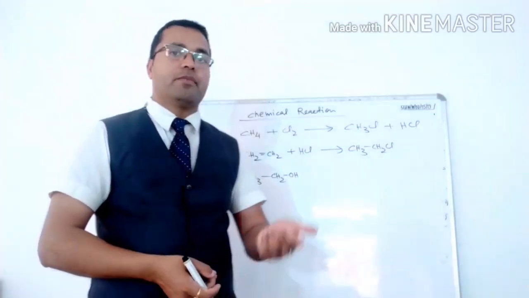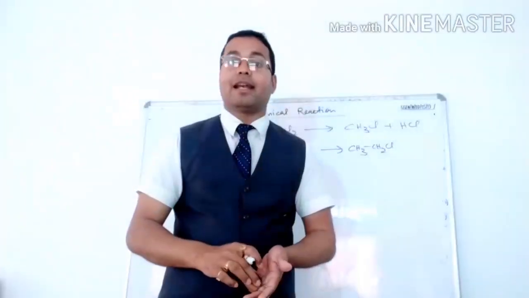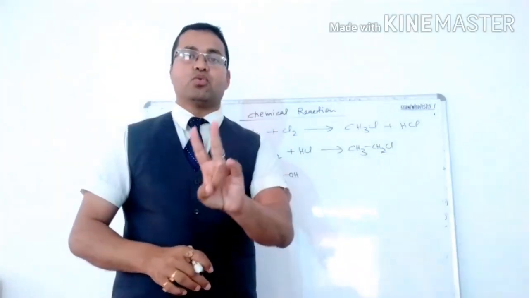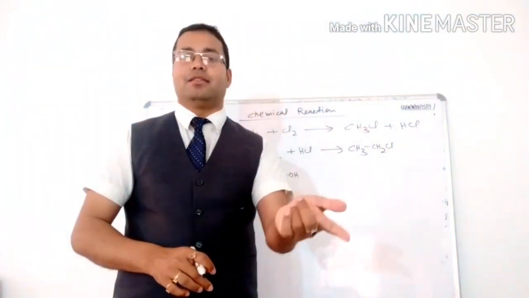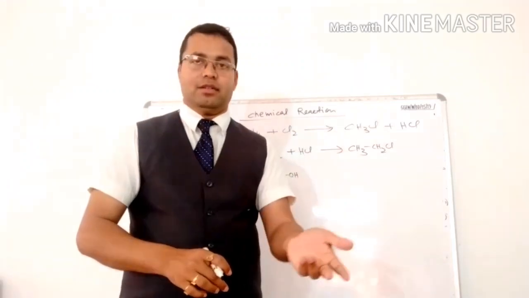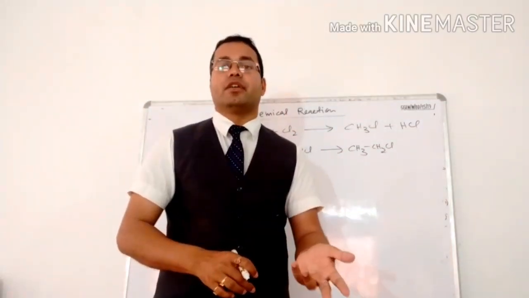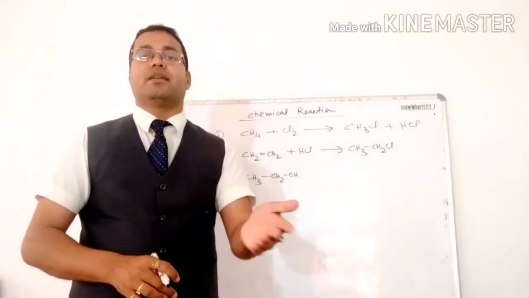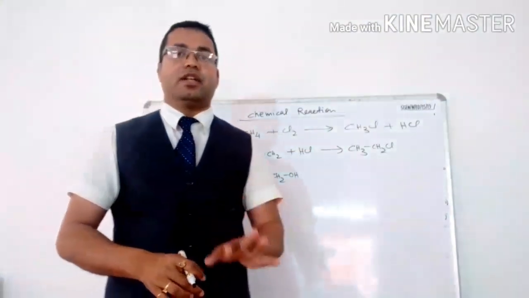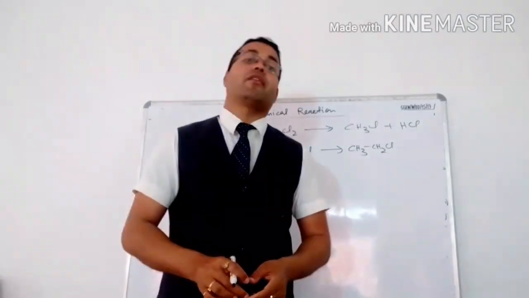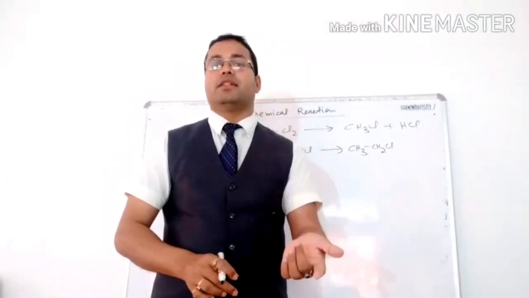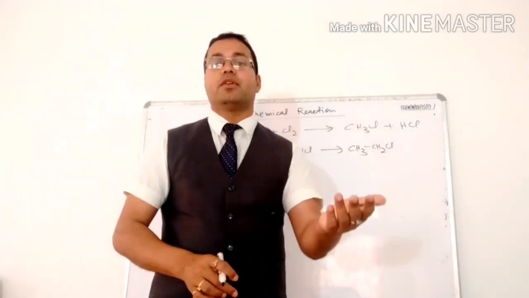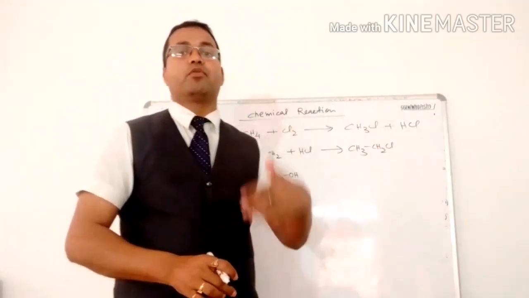The general name of aldehyde is alkanal: if 2 carbons, ethanal, propanal, butanal. The general name of ketone is alkanone; if 3 carbons, then propanone. And the general name of carboxylic acid is alkanoic acid: if 2 carbons, ethanoic acid; 3 carbons, propanoic acid; 4 carbons, butanoic acid.